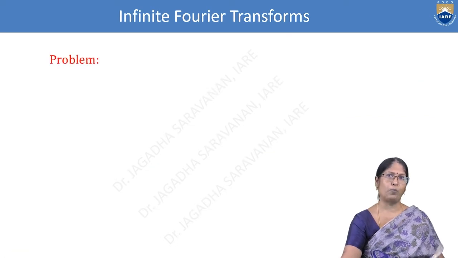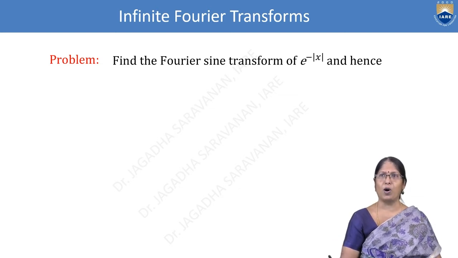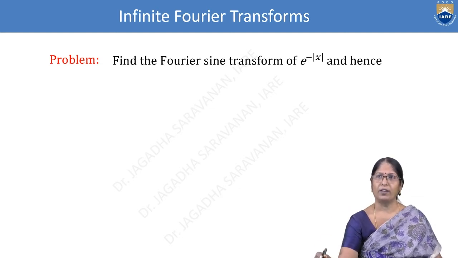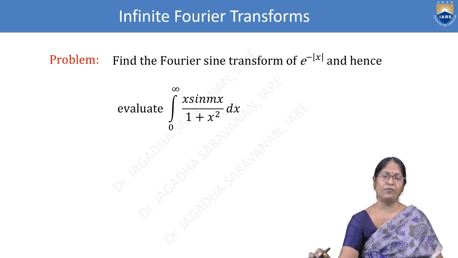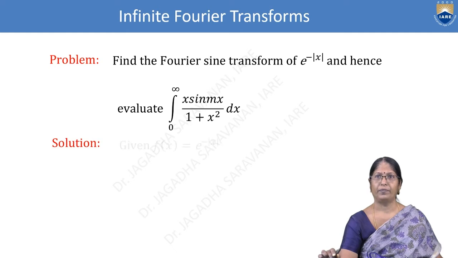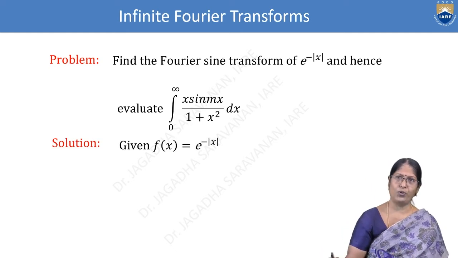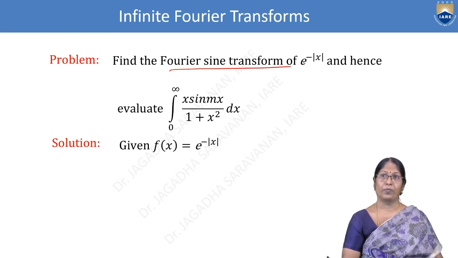The next problem is: find the Fourier sine transform of e power minus mod x and hence evaluate the integral from 0 to infinity of x sine mx by 1 plus x square dx. Solution: Fourier sine transform.